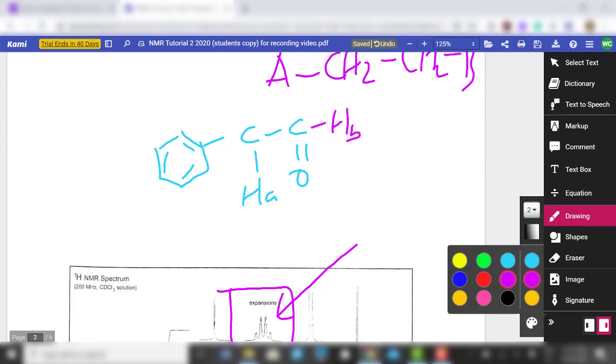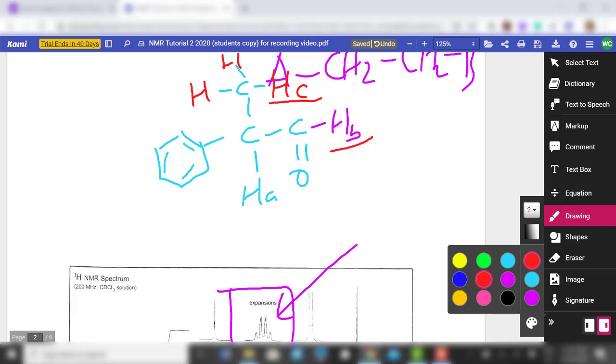And then I have a methyl group, let's call this HC. You realize that HB and HC are in very different chemical environments. One is bonded to a highly electron-withdrawing carbon, the other is simply next to an sp3 hybridized carbon.